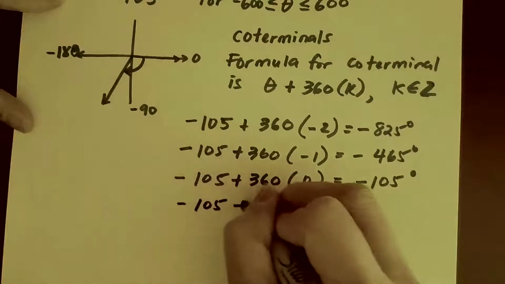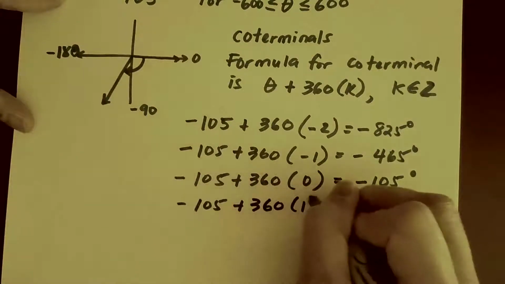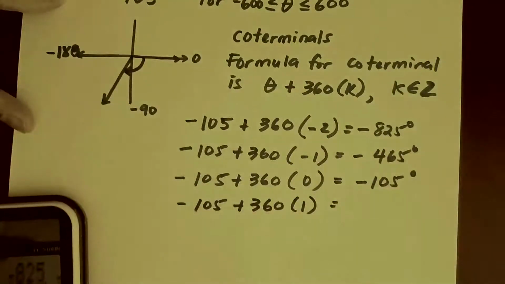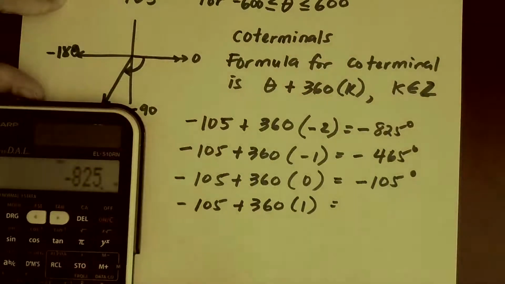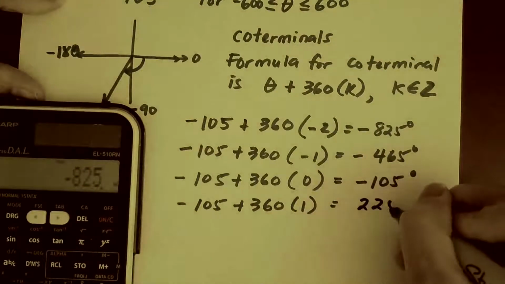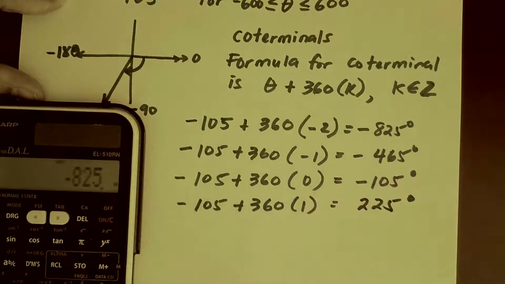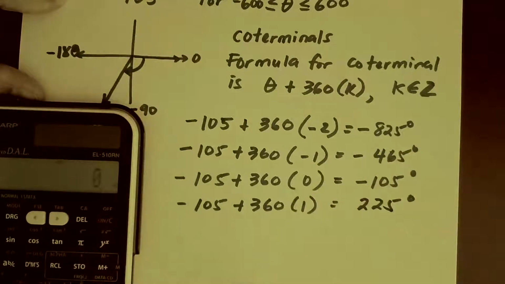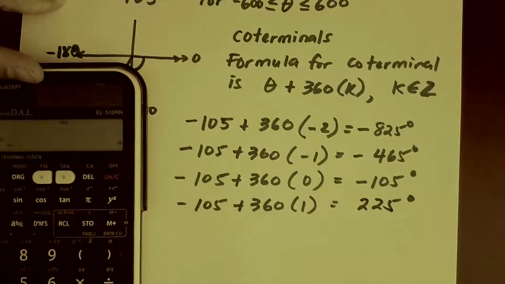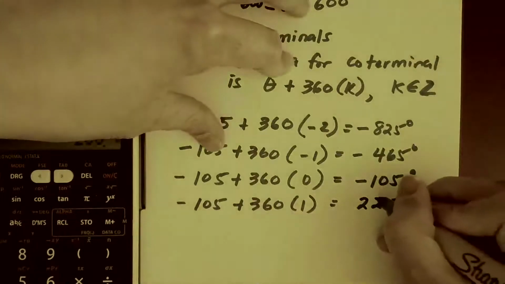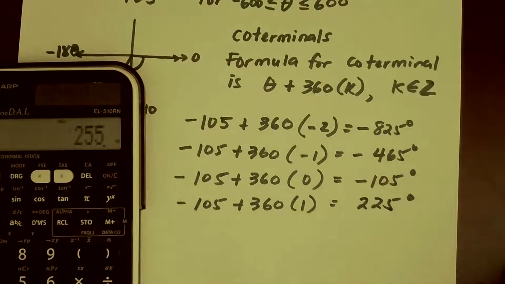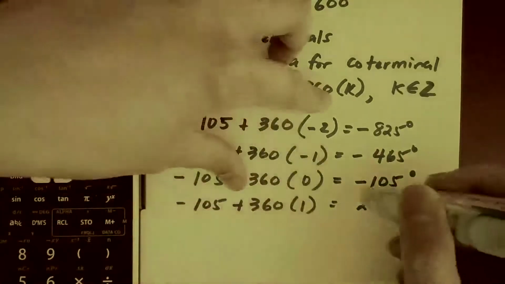Negative 105 plus 360 times 1 gives us 255 degrees. Negative 105 plus 360 is 255. Let's fix that one: 255 degrees.